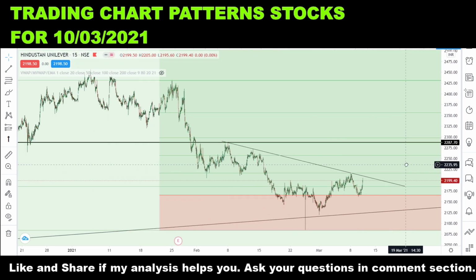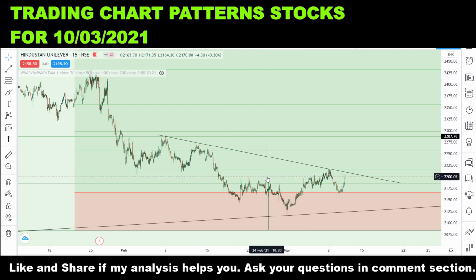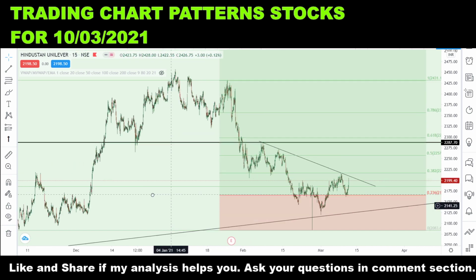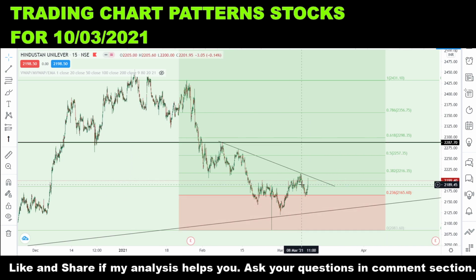But the stock must not go below 2195, 96 rupees. Why 2195? Because 2195 will act as a psychological balance and support for this stock.